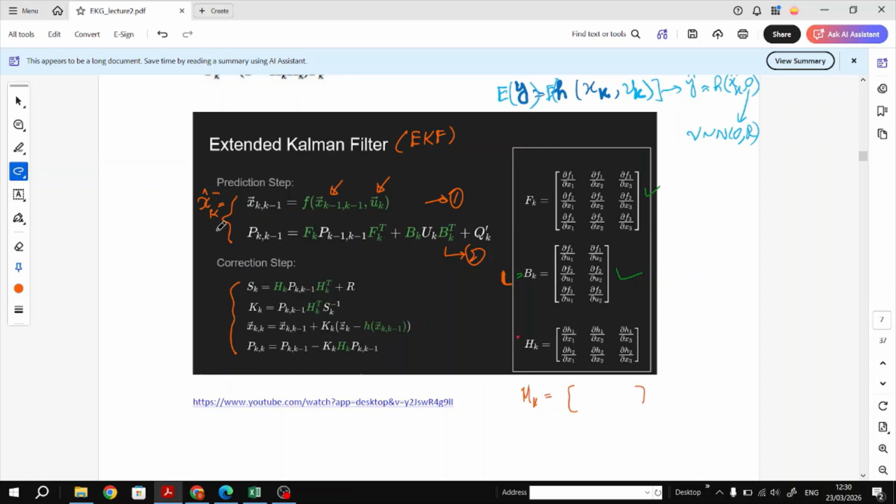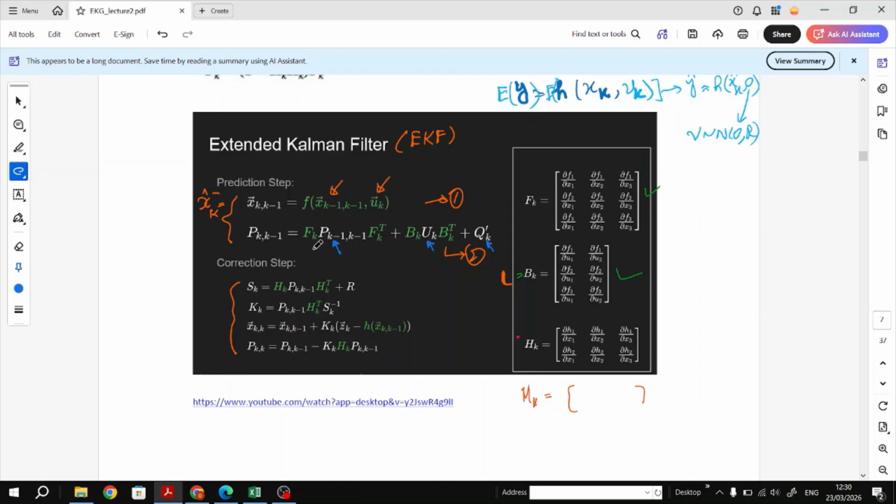This is your predicted state at time k. In the same way as in the linear Kalman filter, you predict your state error covariance matrix using equation number 2. What are your inputs in equation number 2? Of course, your previous covariance matrix, your control inputs, and your motion model noise matrix, or process noise matrix.